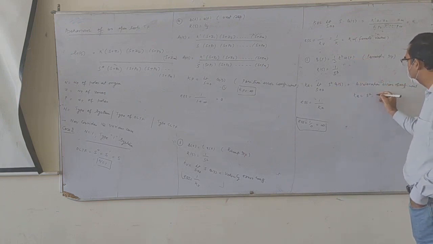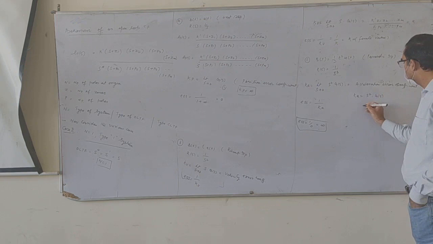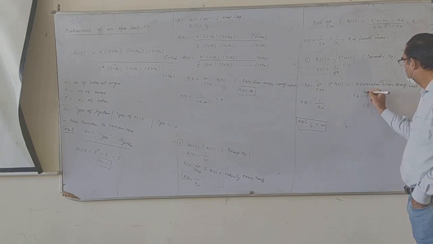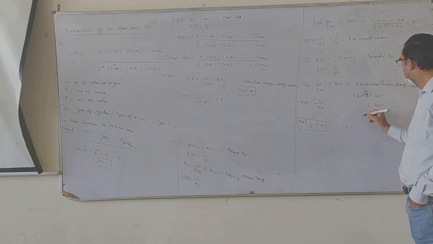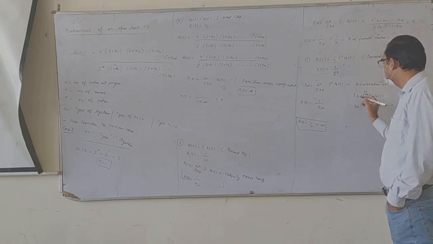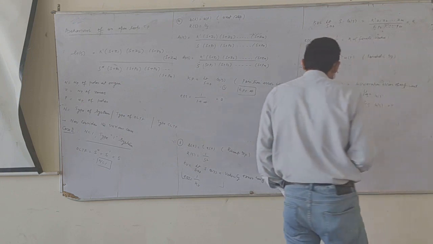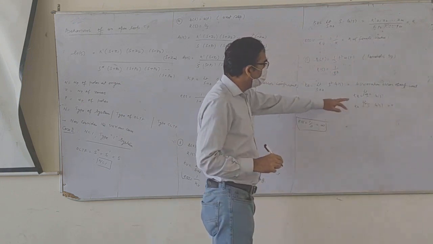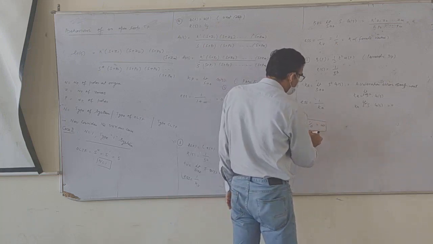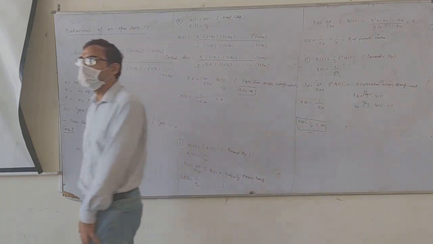One of the s will get cancelled. So it is going to remain s into g of s. Is it clear? Limit s tends to 0. So whatever the case may be, this is going to become 0. So k is going to become 0. So if k is going to become 0, then 1 by 0 is infinite.